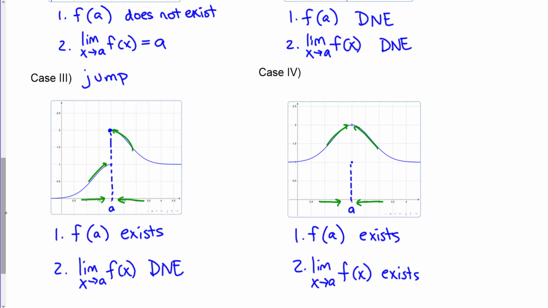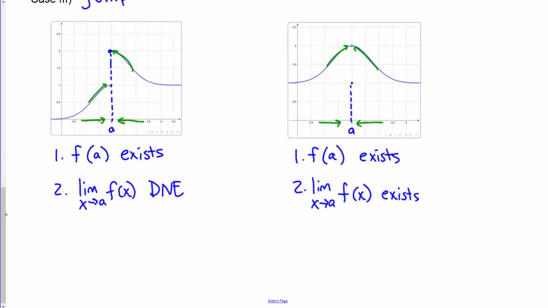However, it's still discontinuous. The reason that we have a discontinuity here is that the limit as x approaches a of my function does not equal what the function is supposed to be at that particular point. So our definition of a limit was, the limit tells us what the function should be in order to produce a continuous curve.